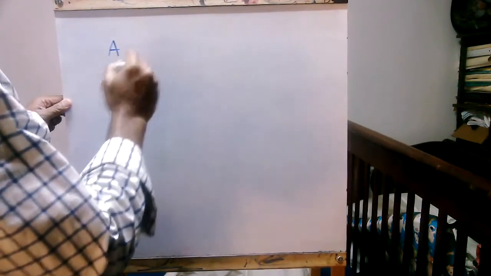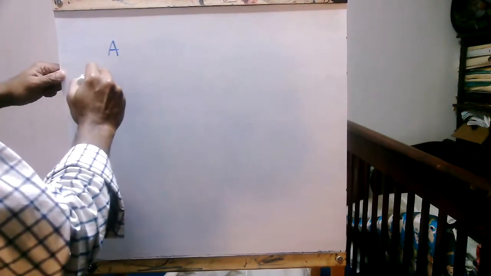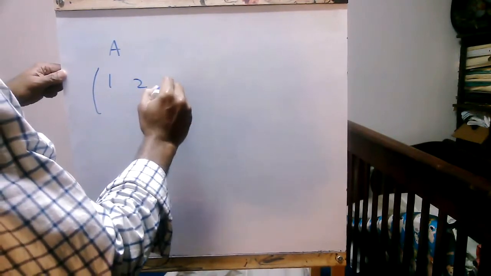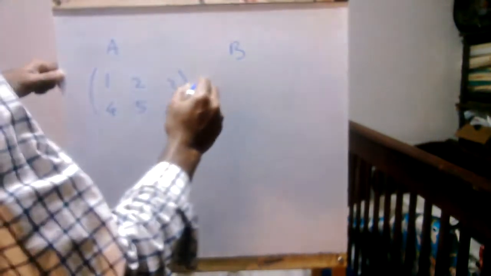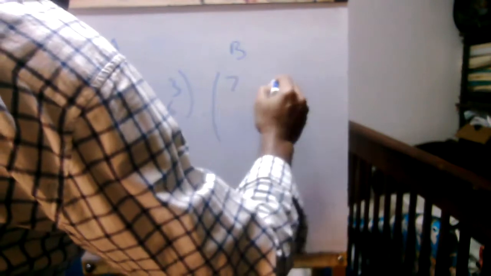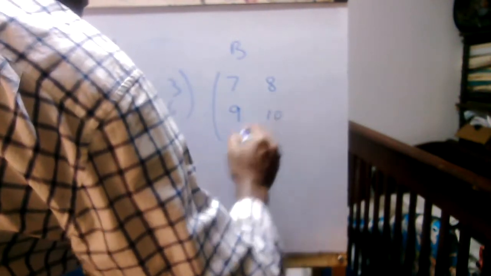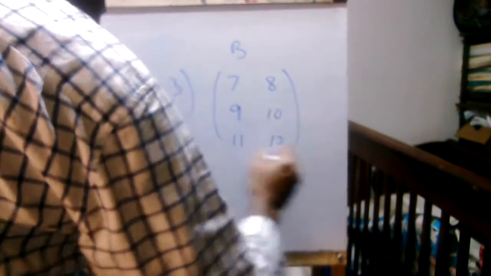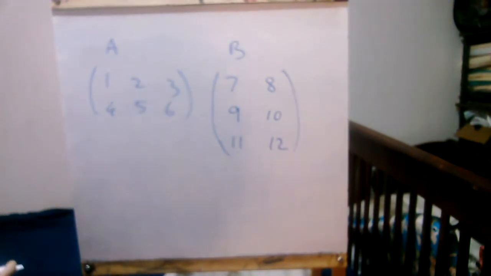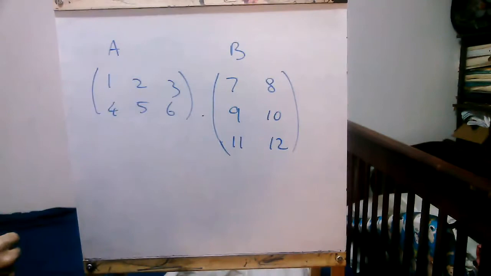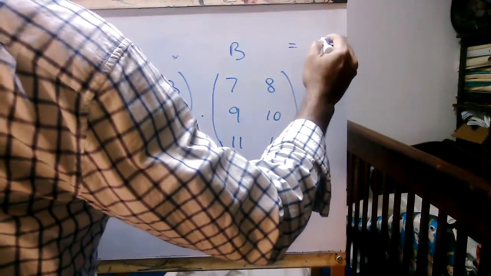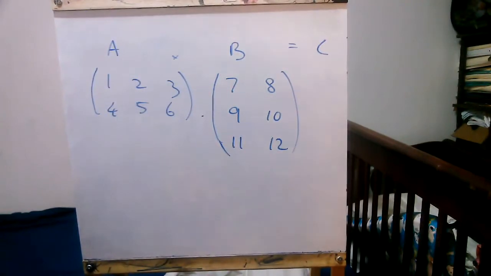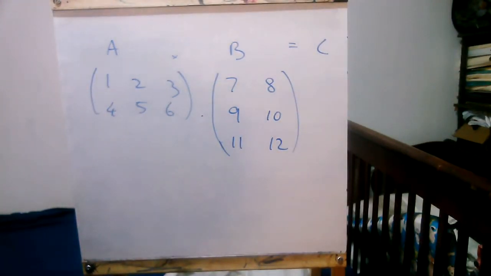Say matrix A is 1, 2, 3. We want to multiply this with matrix B. Say we want to do this multiplication, and we want to multiply these two and write the answer as C. Now first of all, we should check if this is possible.